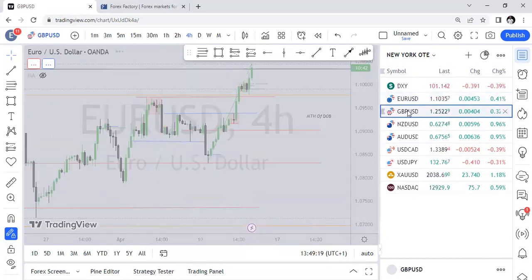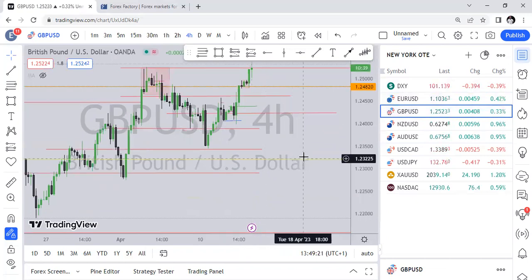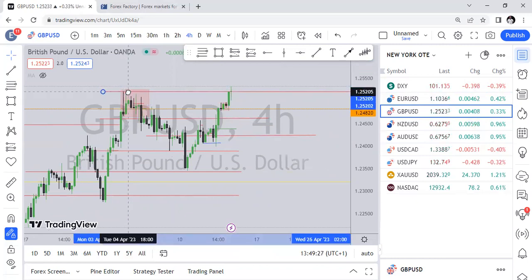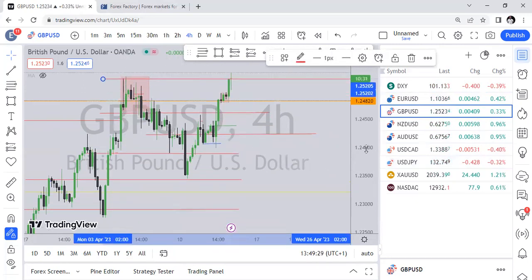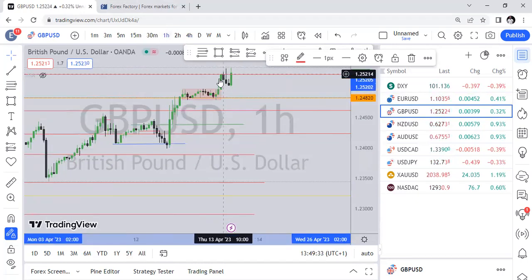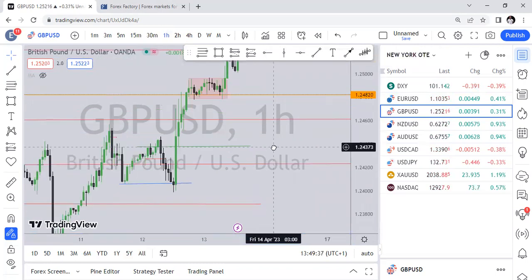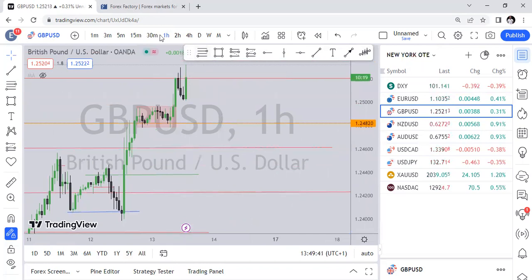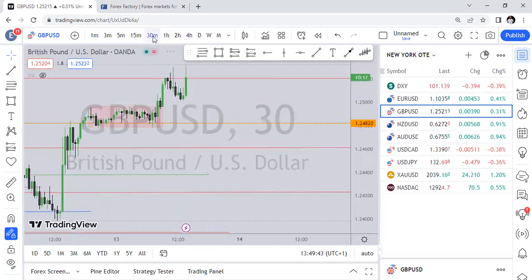I was also looking at the liquidity above this high here. So I wanted this news to take it out before I would start looking for any reason to sell the dollar, if not today, at least from tomorrow.